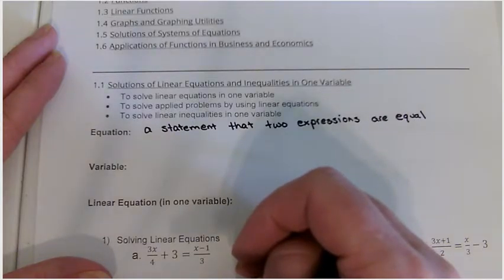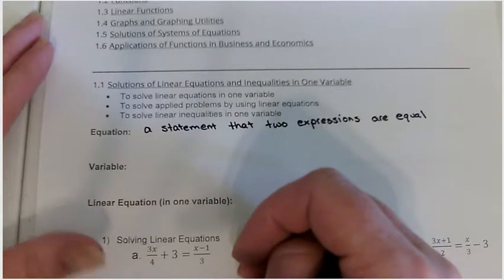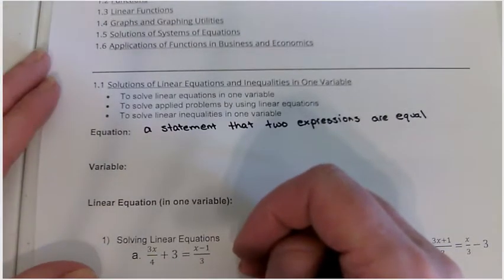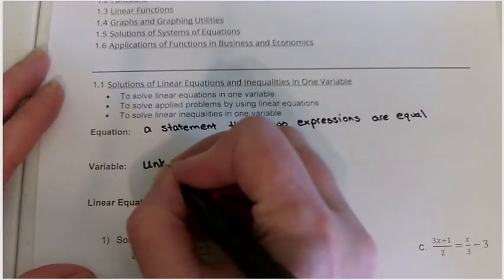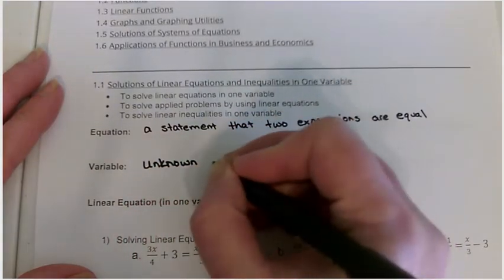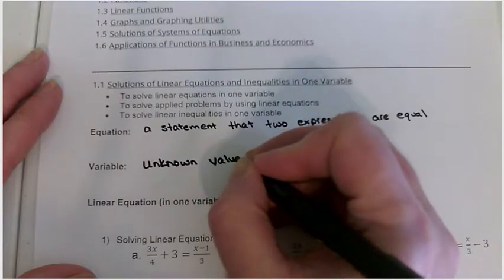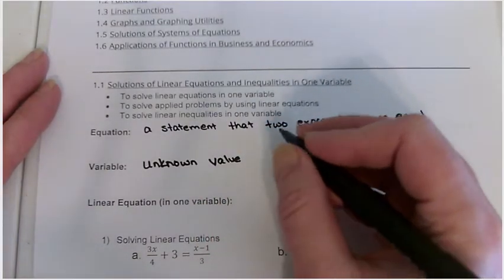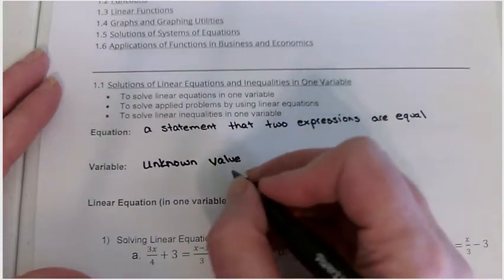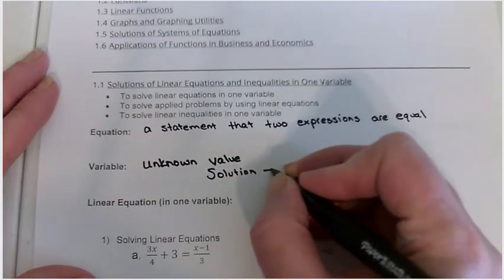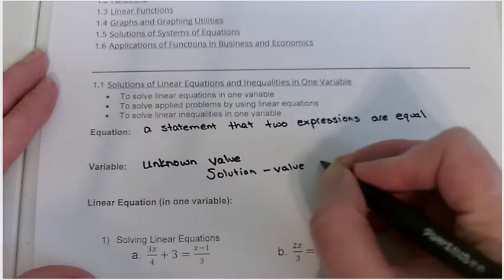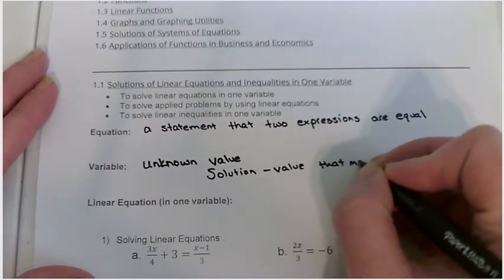And then what do we mean by a variable? Well, it's the unknown value. And usually when we're talking about equations, the solution is the value that makes the equation true.